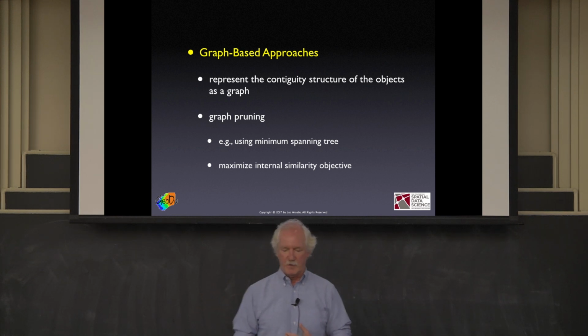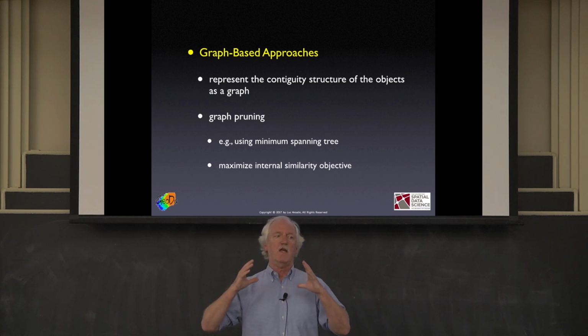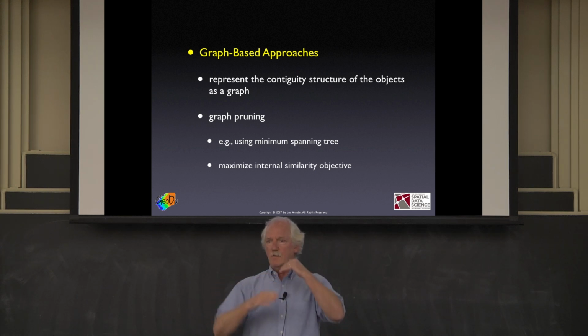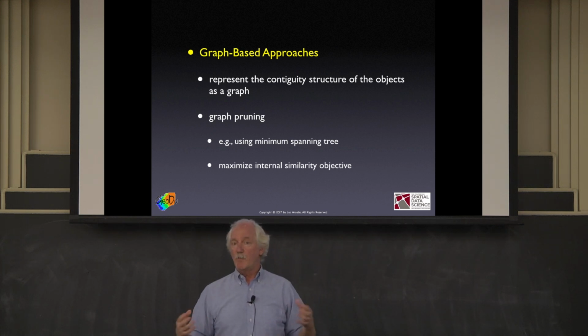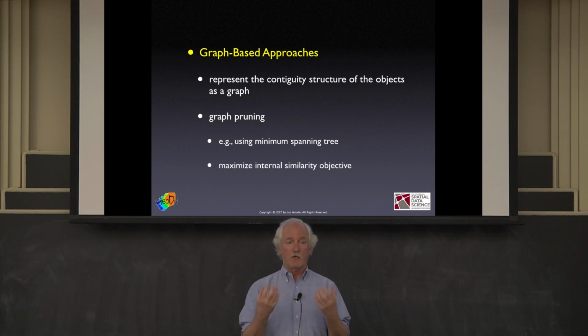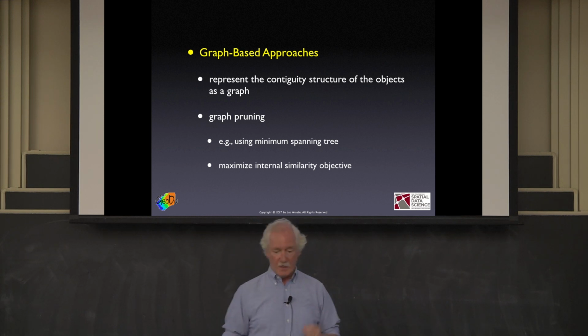It's as simple as that. So then the idea is, with this graph as a starting point, we're going to cut it in pieces, and each of these pieces will be a cluster, which by construction, because you take into account the neighbor graph, will be contiguous. And Skater is an example of this.